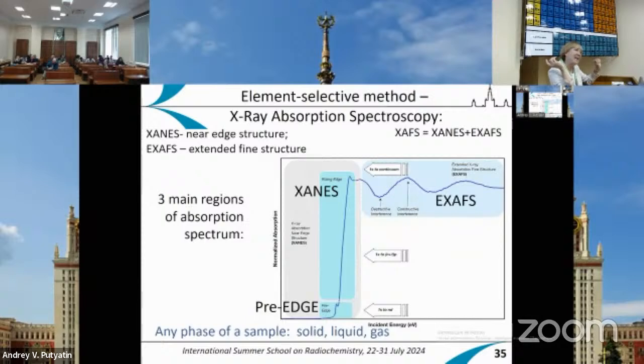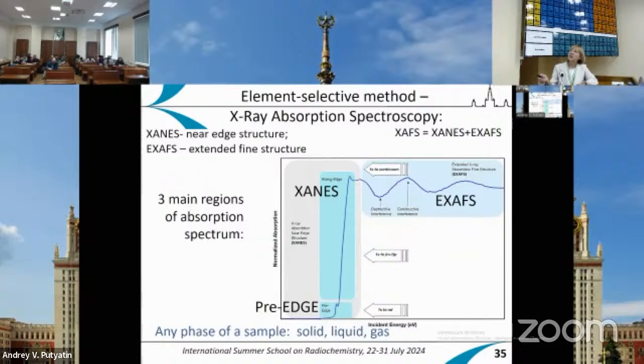But in this case, we can use the edge energy of absorption of the selected element. So it is an element-sensitive method. It is a great advantage of it. What is the spectrum of absorption? It has three main regions.